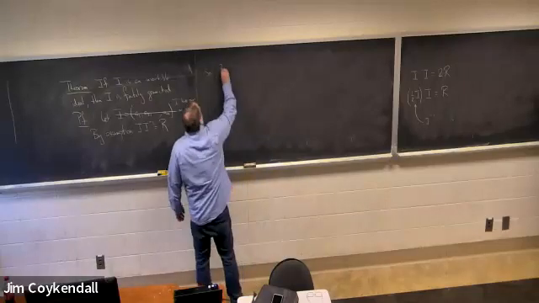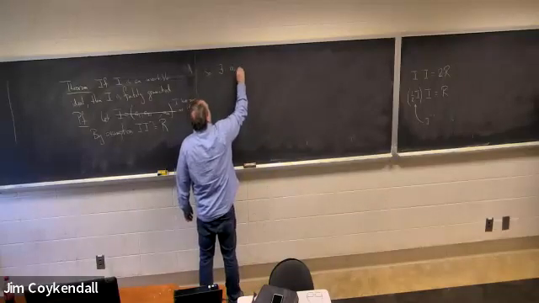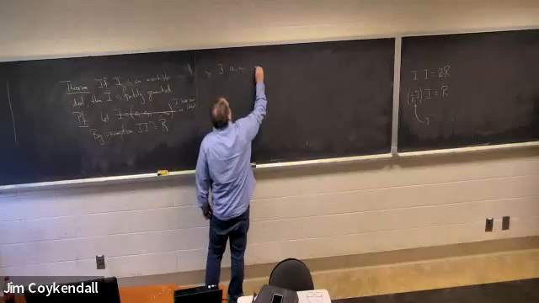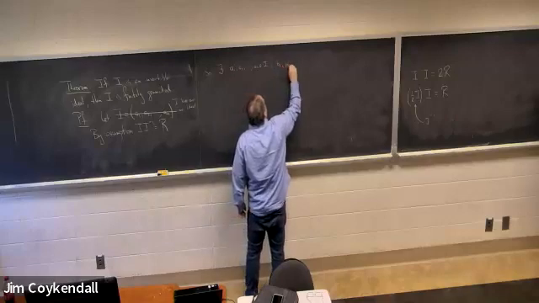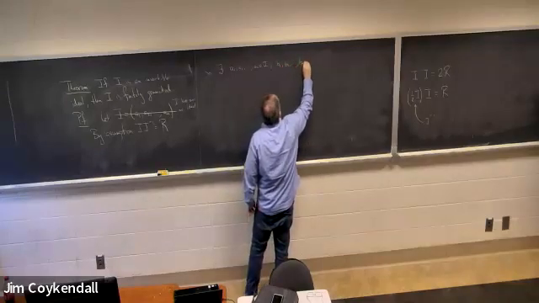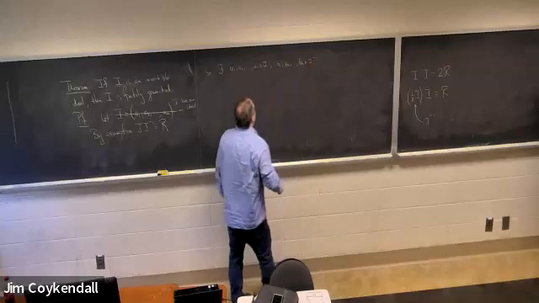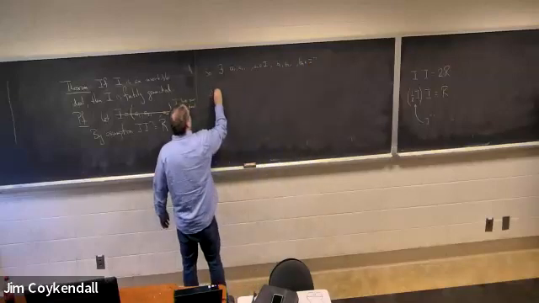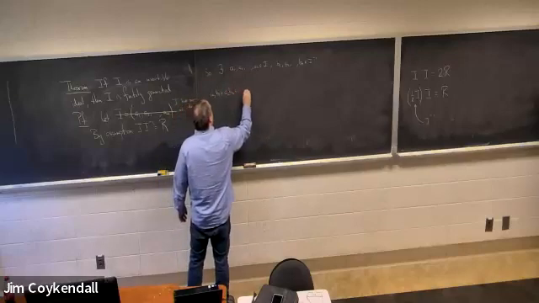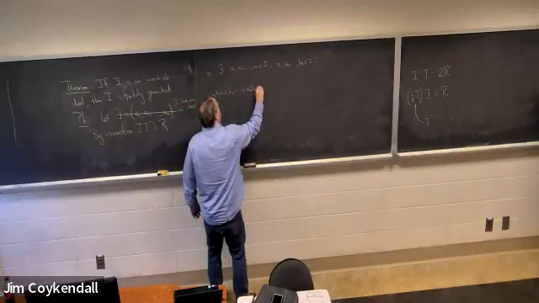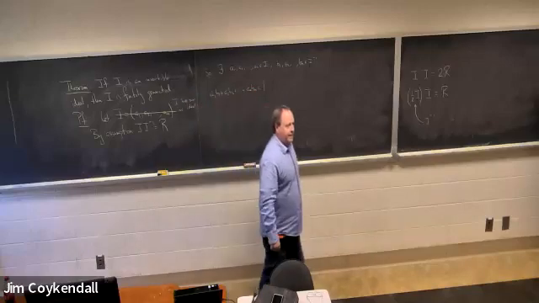So there exist A1, A2, up to AN in I, and B1, B2, up to BN in I inverse, such that A1 B1 plus A2 B2 plus up to AN BN is equal to 1.